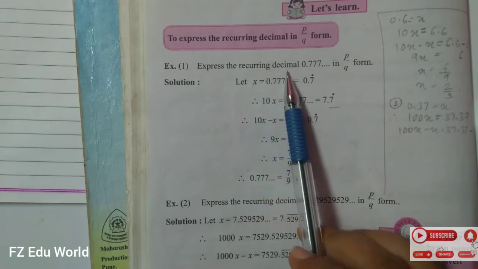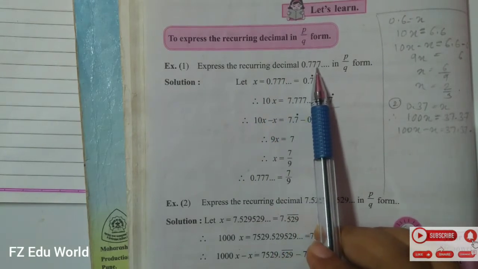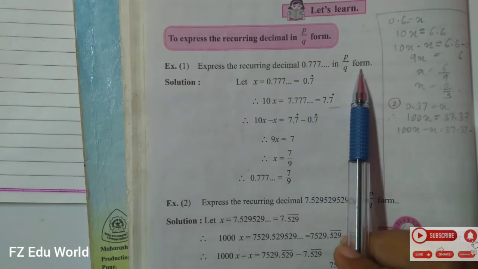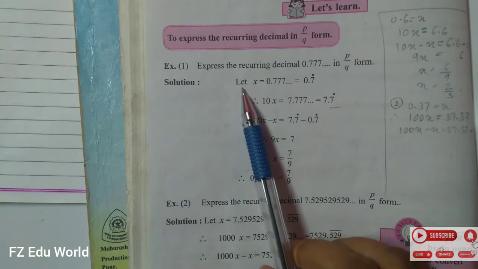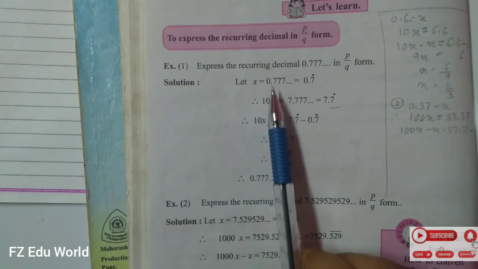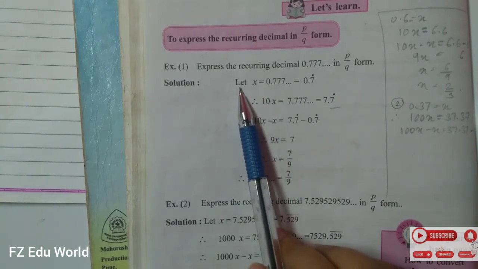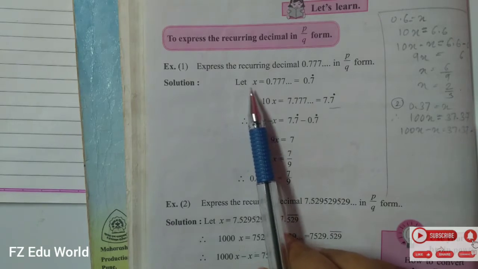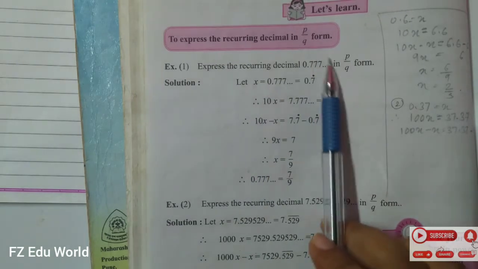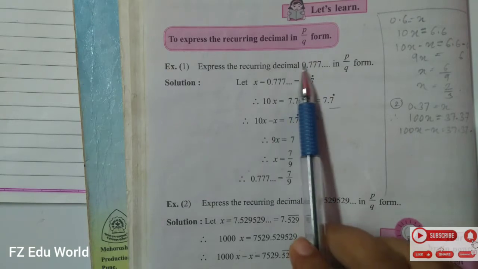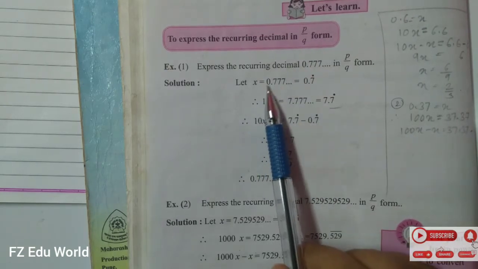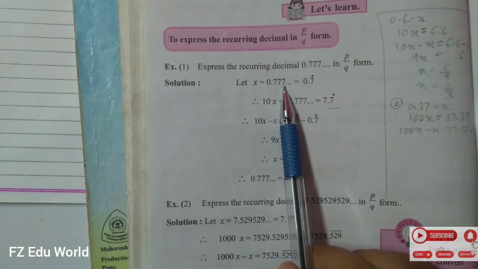Express the recurring decimal 0.777 in P upon Q form. So for expressing this, we will assume that x is equal to 0.777.